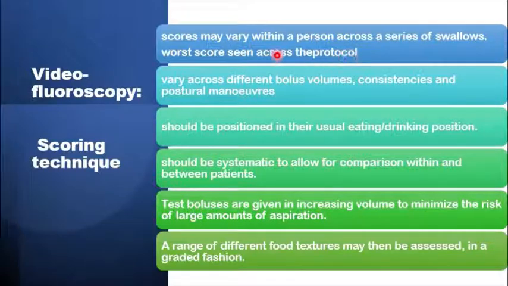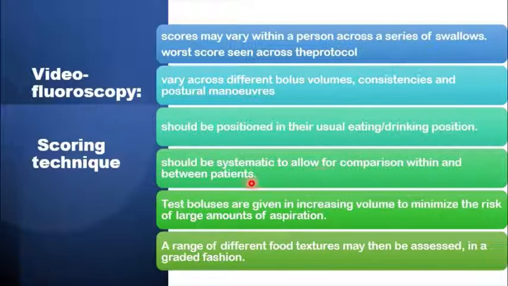We usually take the worst score as indicative of the degree of severity of aspiration, but there are some doubt about the validity of this, and some would argue that taking an average would be a better reflection of the degree of severity. The scoring should be done in a systematic way to allow comparison within the same patient and between different patients.